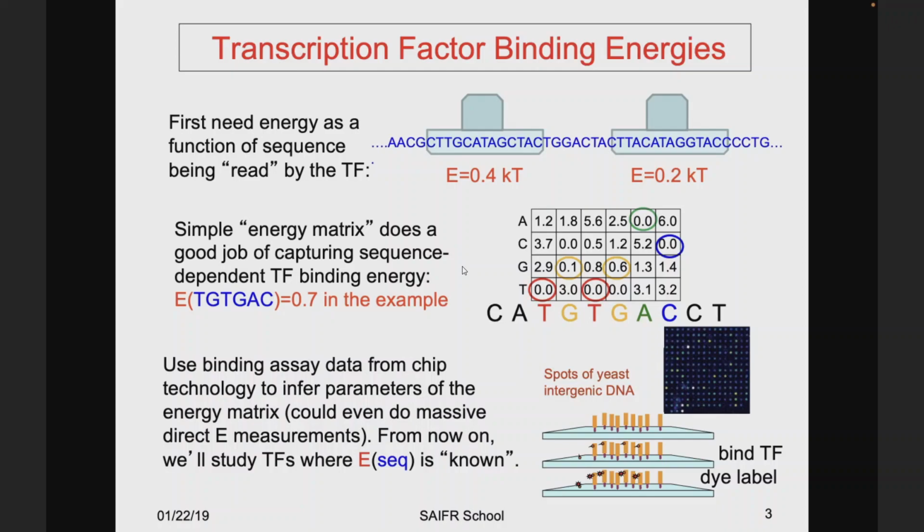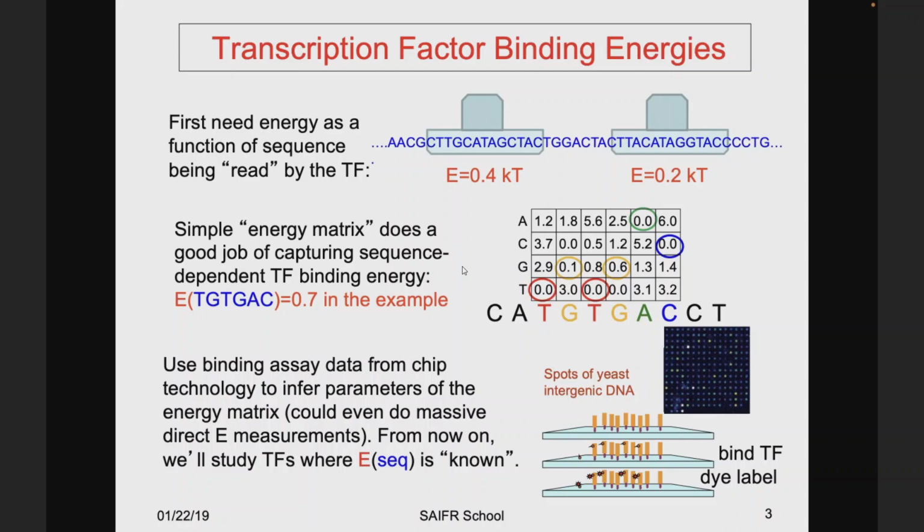So as you see here, the red circles say that in the sequence being read, at the first and the third location there's a T, and that's what it really wants to be. But at the second position, it should have a C to have the strongest binding energy, but it just happens not to.